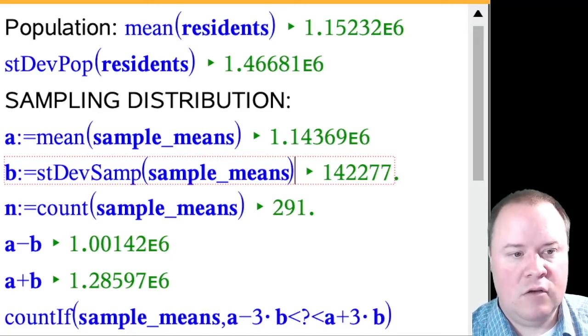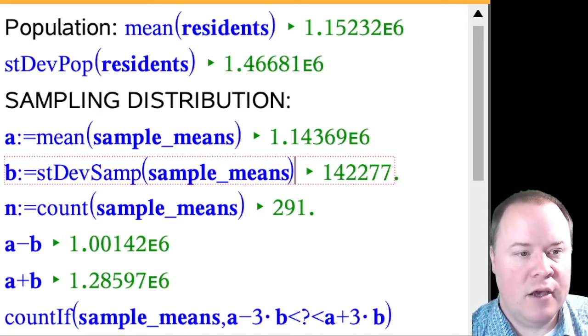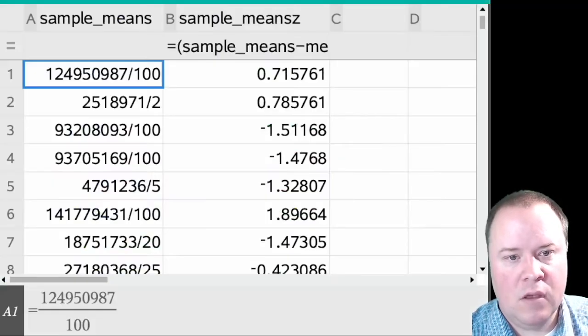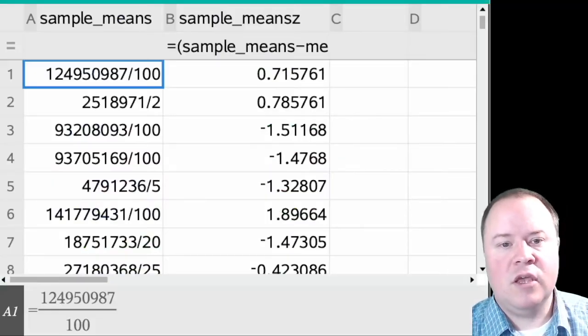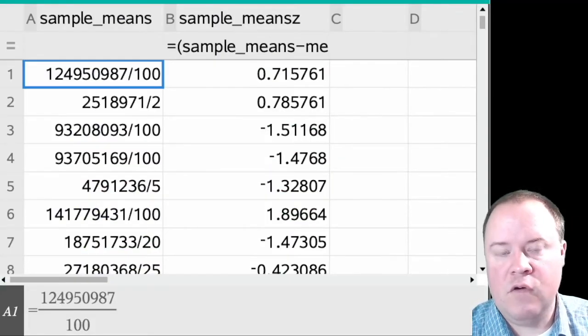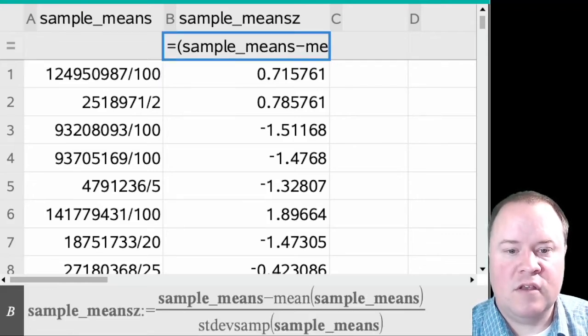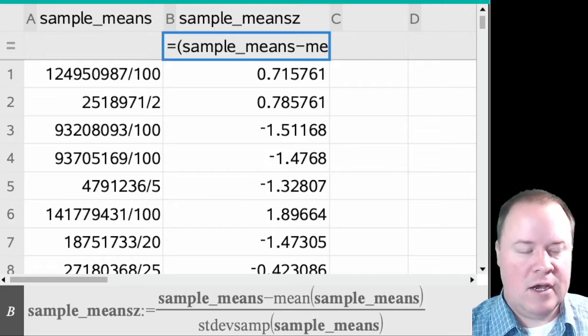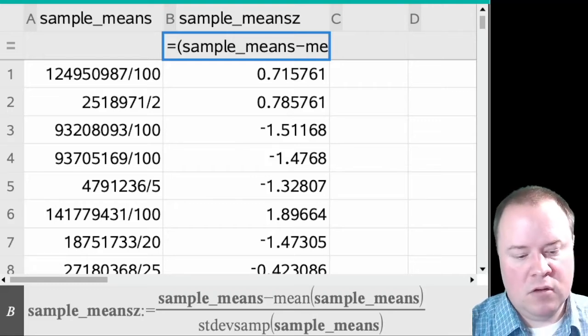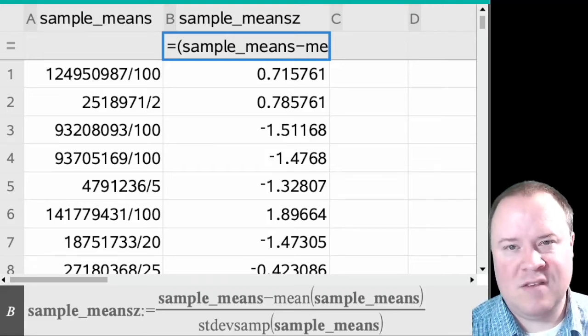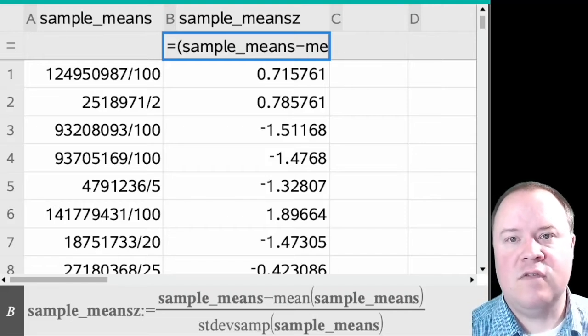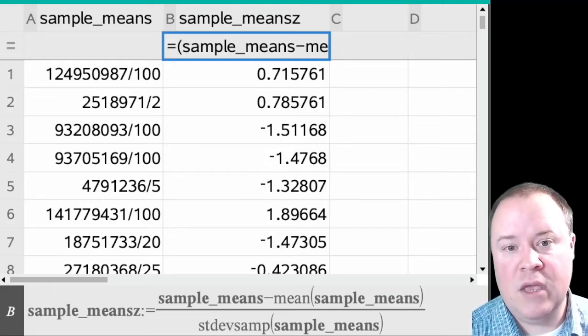All right, now to go on to another idea. I've taken our sampling distribution and created z-scores from them. In case you need a refresher on what a z-score is, you take each of the points and figure out how many standard deviations away each point is from the mean.